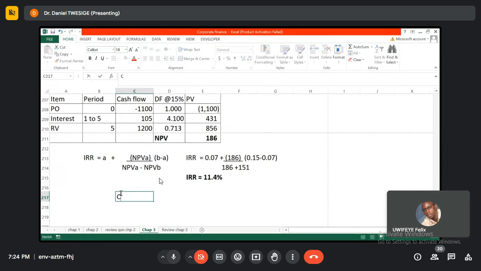So, cost of zero coupon bond, or what you call a zero coupon debt.